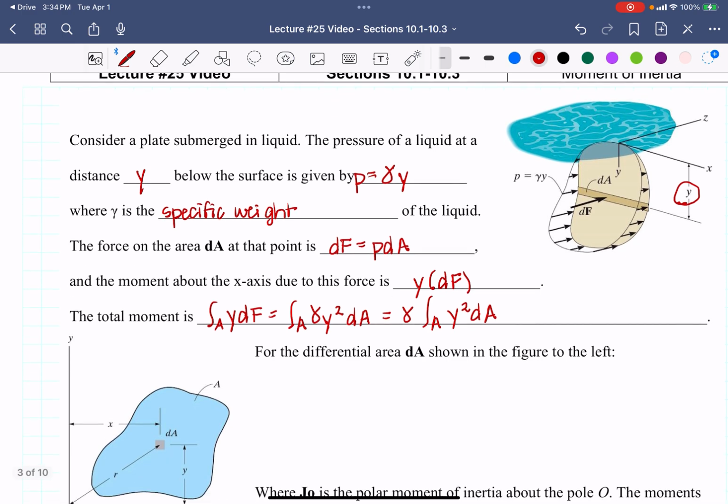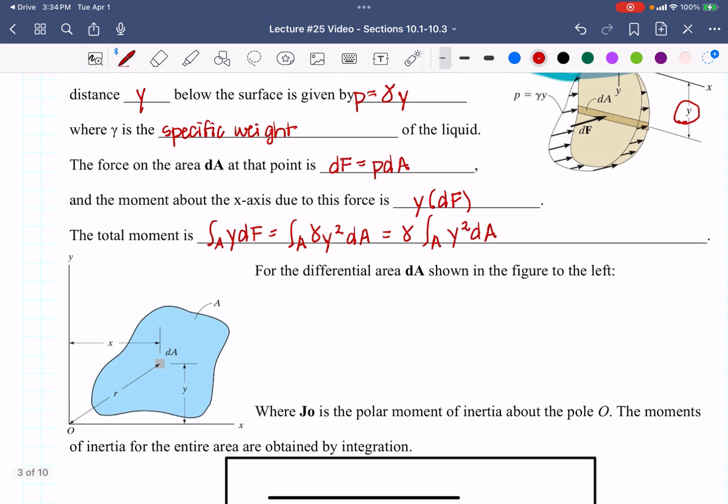So the big thing is coming up if that was confusing. We're going to straighten it out in a minute. So for the differential area shown to the left, this little box, the moment of inertia about the y-axis is equal to x squared, the distance x squared, times the differential area.